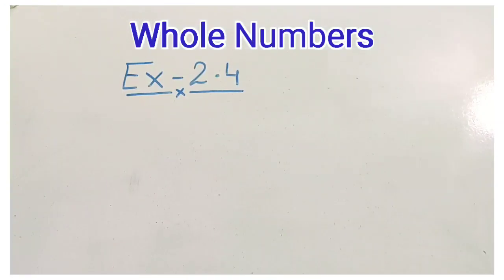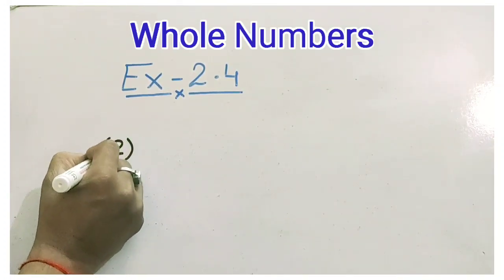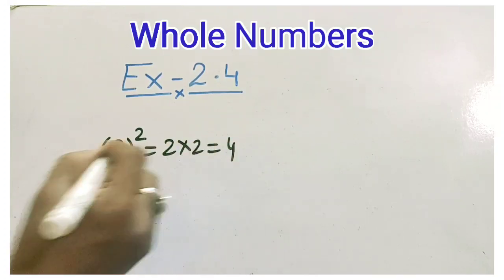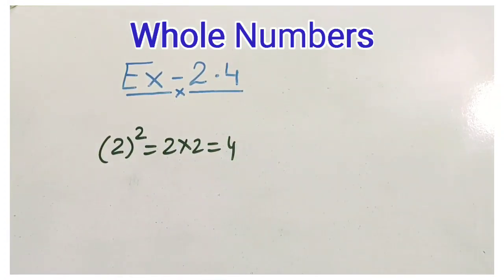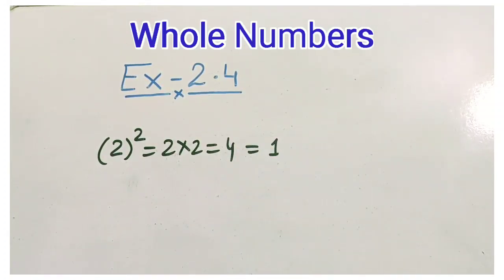Students, let's take the square of an even number. The first even number is 2. 2 square is 4. How to write it? The first odd number is 1. The second odd number is 3.